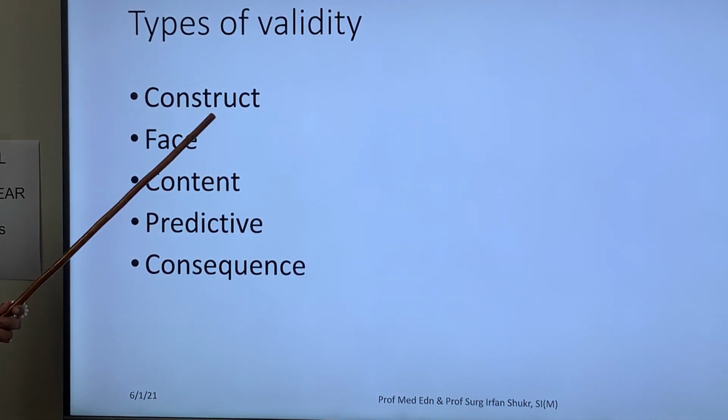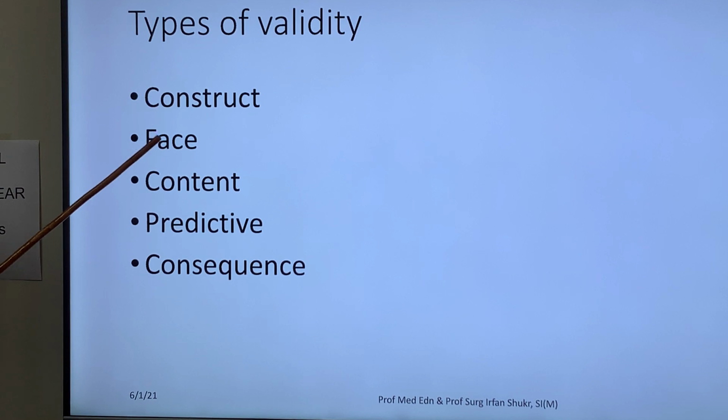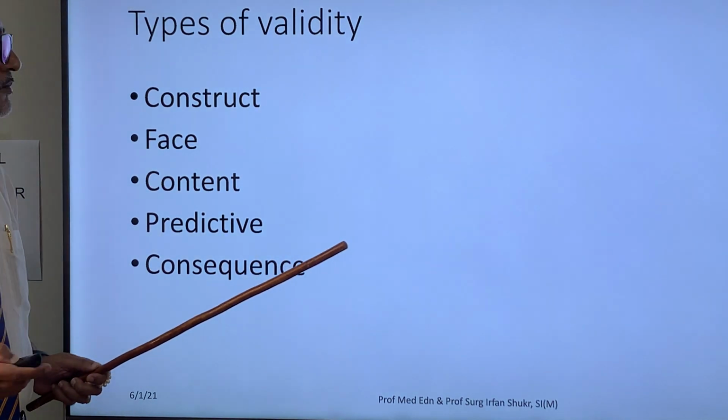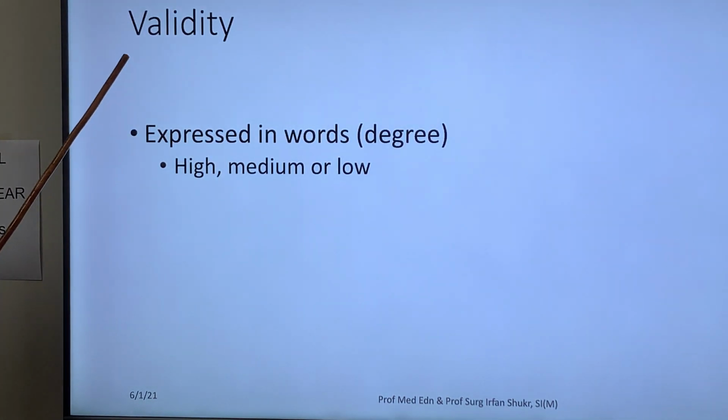So the types of validity would be construct validity, face validity, content validity, predictive validity, and consequence validity. Validity is expressed in words. The degrees of validity are expressed in words, and the commonly used words are high, medium, or low.